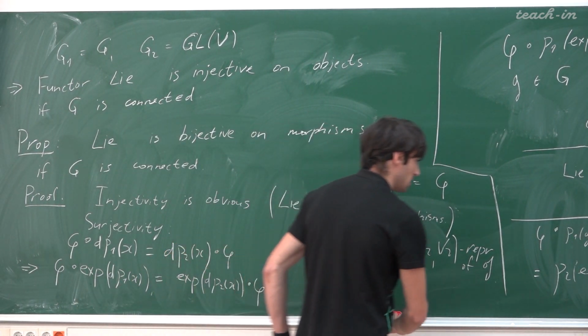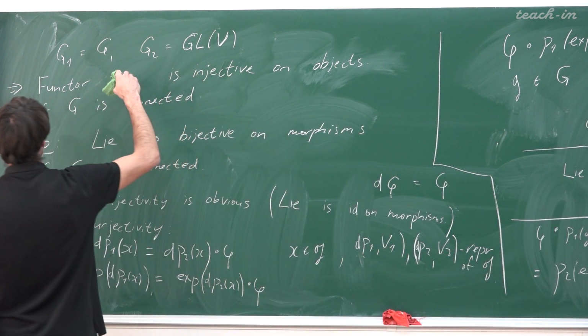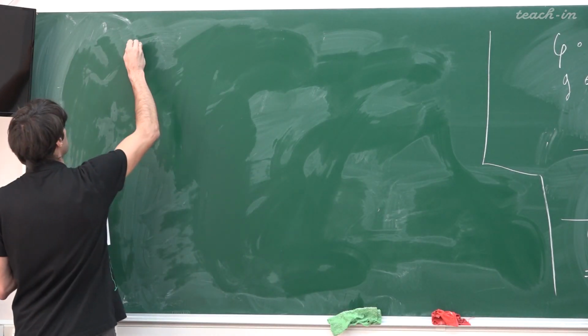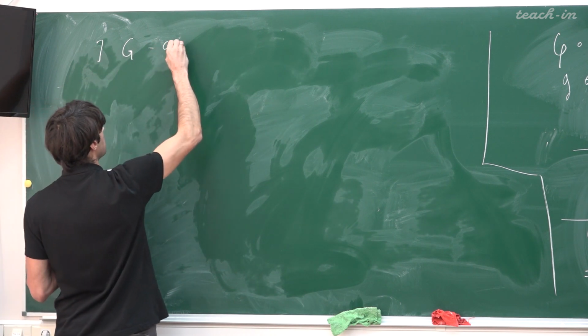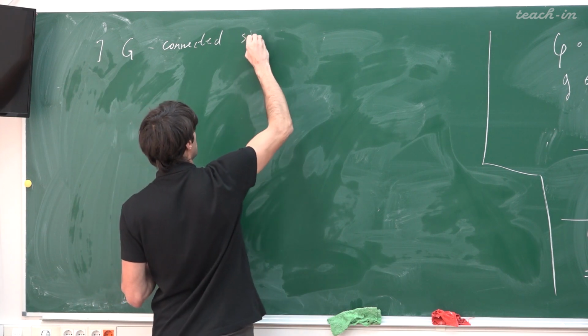So now let us assume that G is connected, simply connected. So take G to be connected, simply connected.